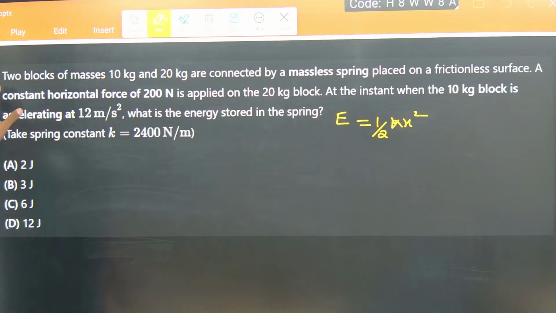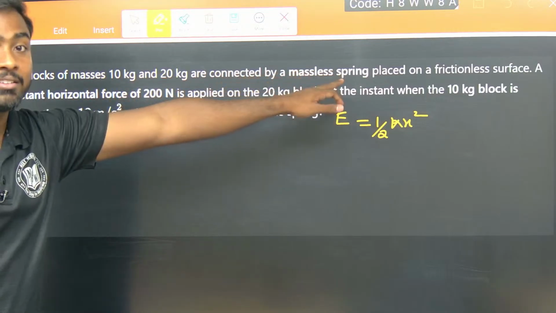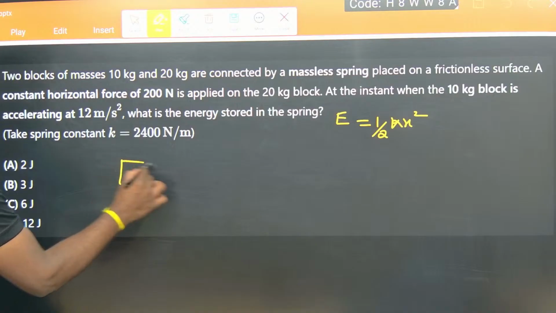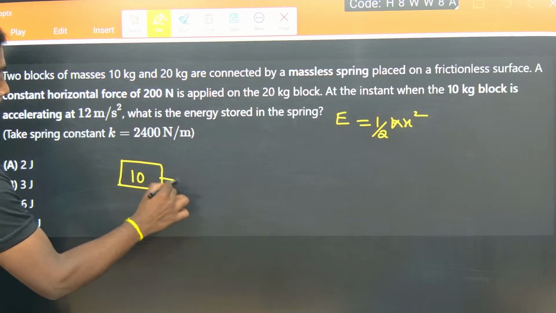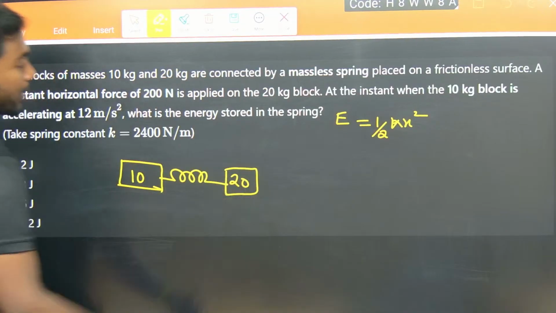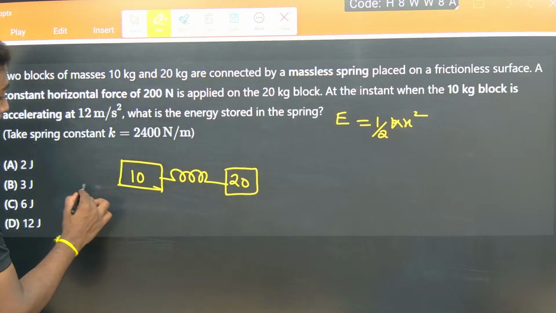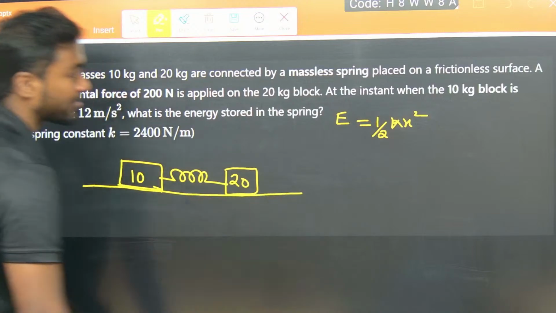Now write the things whatever they have given. Two blocks of mass 10 kg and 20 kg connected by a massless spring. So the 10 kg is connected with the massless spring and the 20 kg block is placed on a frictionless surface.